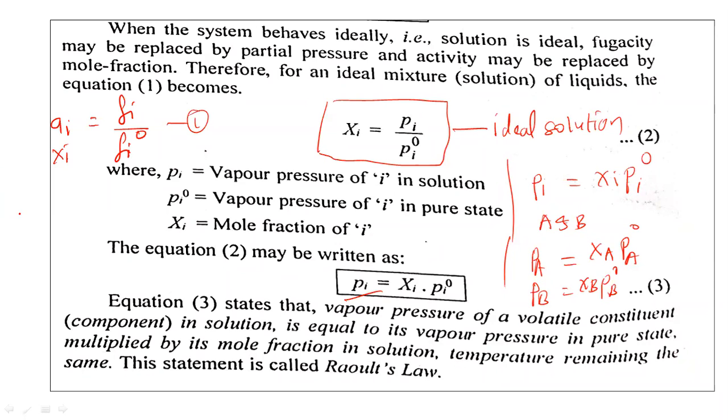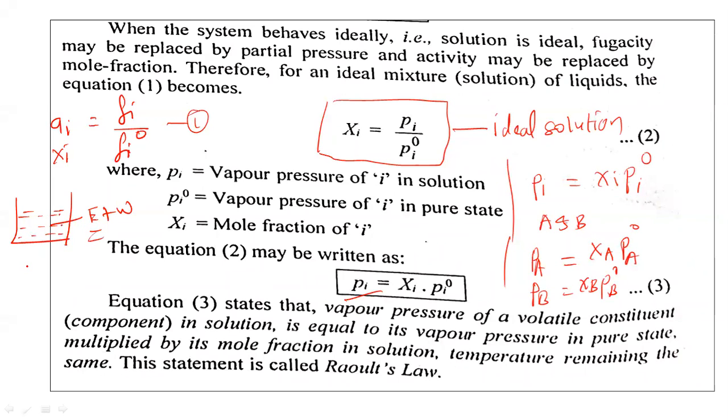Let us see. Two liquids, ethanol and water. Suppose that it satisfies the condition of ideality. Then we can write Raoult's law for the component ethanol.